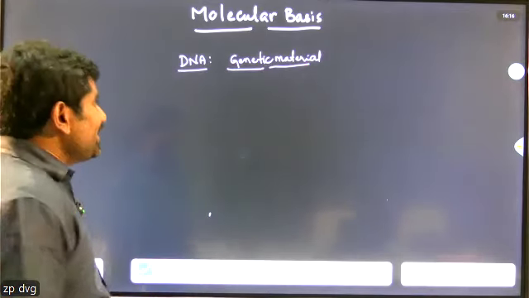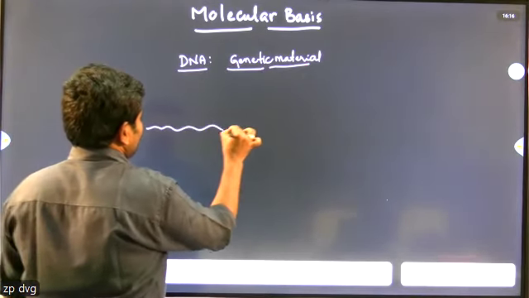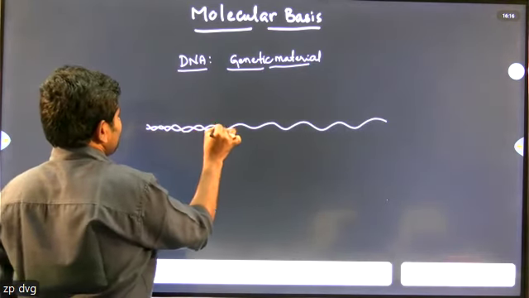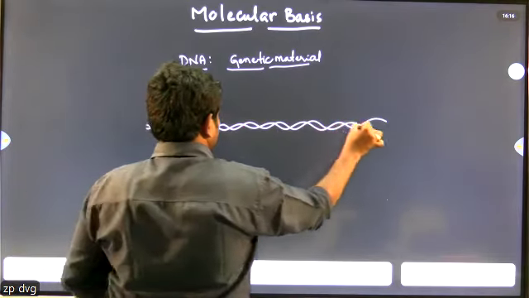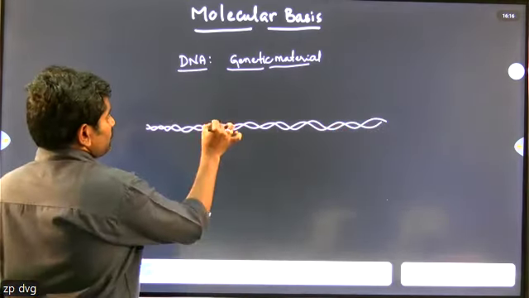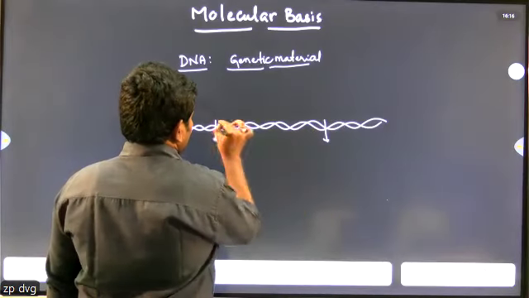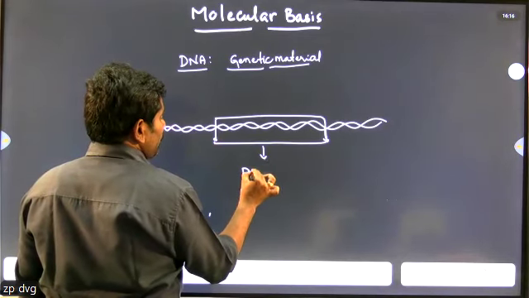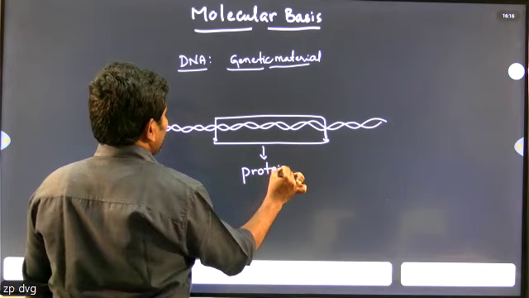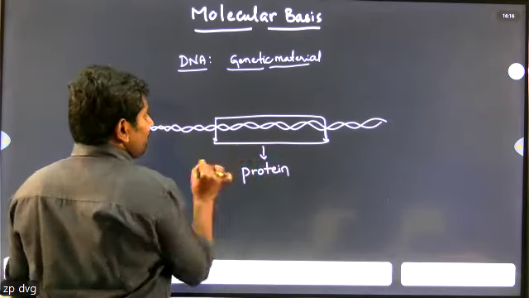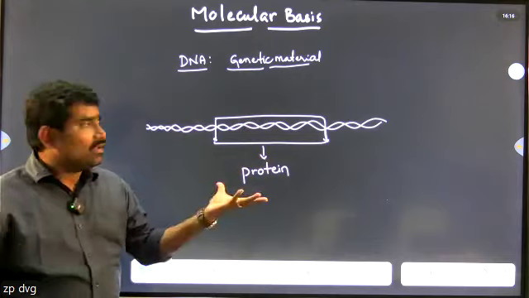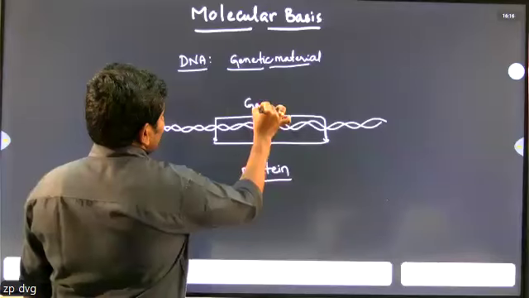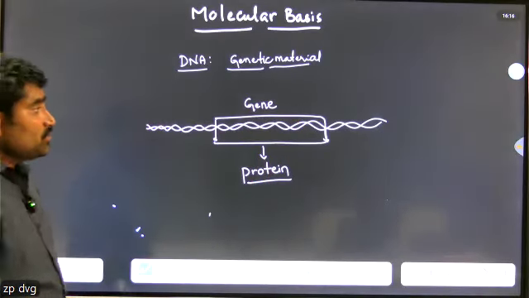Let us see the difference between DNA and gene. This is the total DNA molecule, and if a portion of it can code for a protein, then that part can be considered a gene.